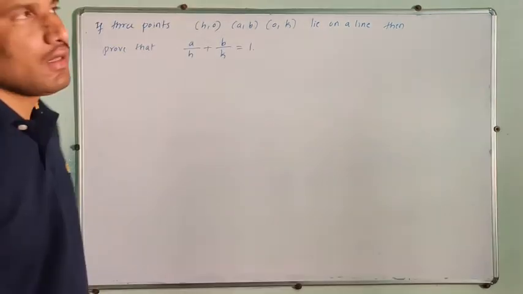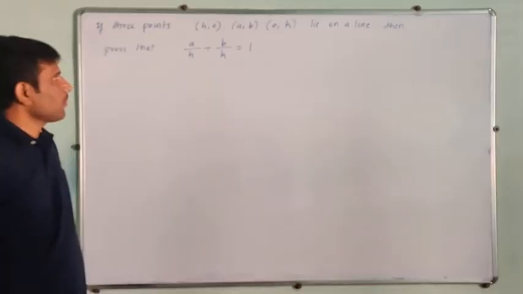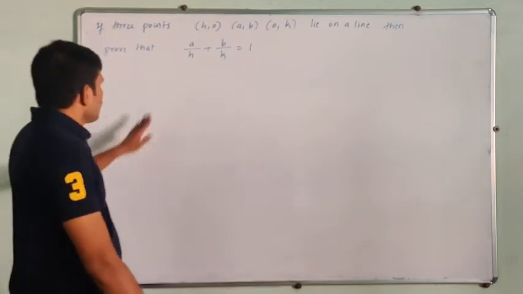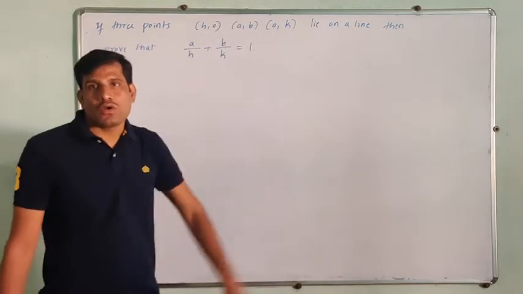Is it clear? So lie on a line means what? These 3 points are collinear.